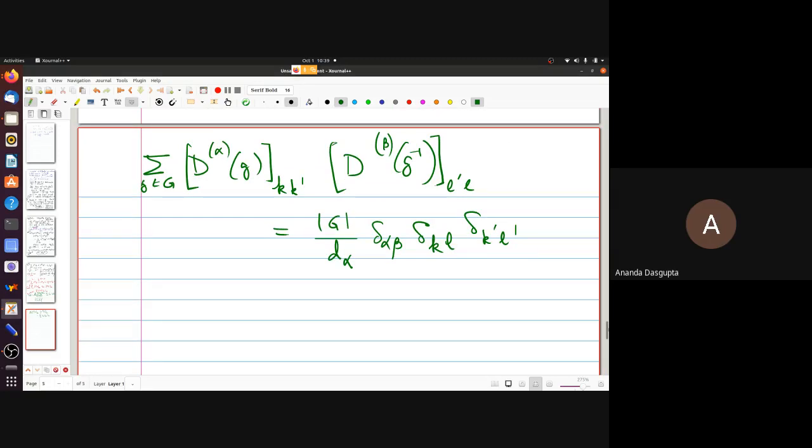Now, do you realize how many equations we have here? For a specific pair of representations alpha and beta, let's fix alpha, let's fix beta. Once you have done that, how many distinct equations have been written down right now?